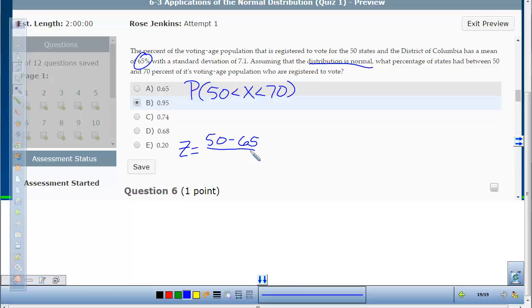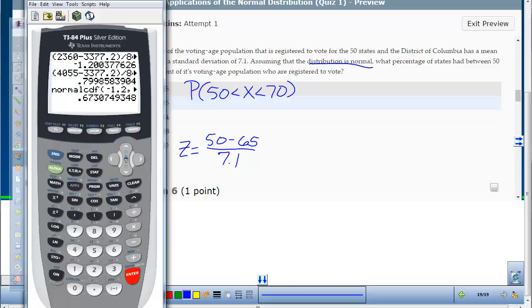So 50 minus 65 divided by 7.1, I get negative 2.11.